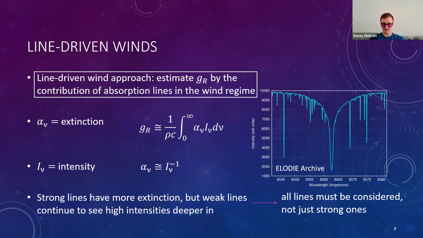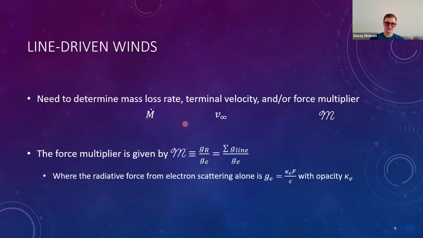And considering all of these lines, we want to calculate one of three quantities, ideally all three, but those are the mass loss rate, terminal velocity, and force multiplier. The mass loss rate is critical to the evolutionary impact that we're discussing. So these systems are losing some amount of mass to generate this wind.